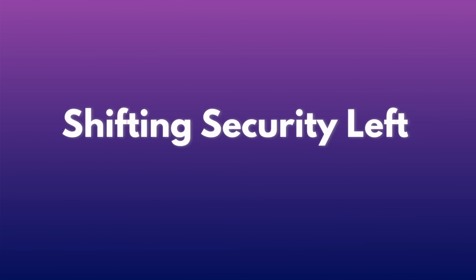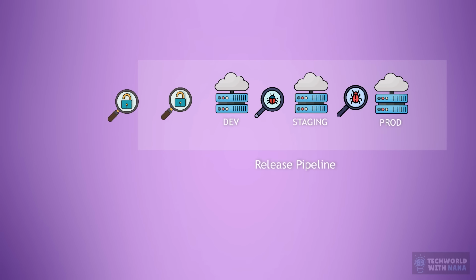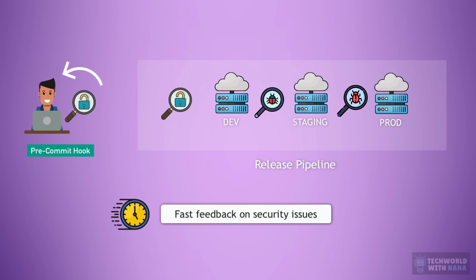So these automated security checks are done in multiple phases of release and can start as early as pre-commit, even before the developer has committed the code and the CI/CD pipeline was triggered. So it gives us fast feedback on any security issues we may be introducing in our systems through changes in code or in infrastructure configuration.